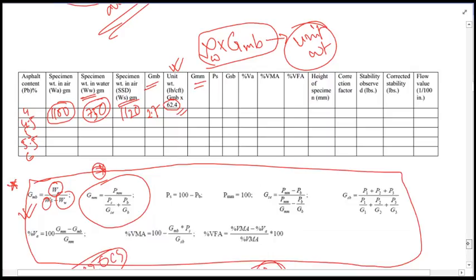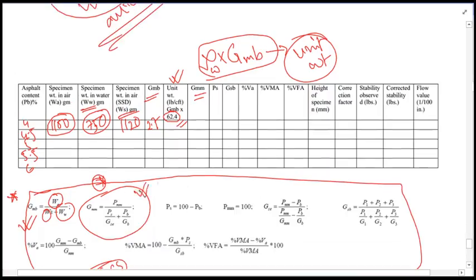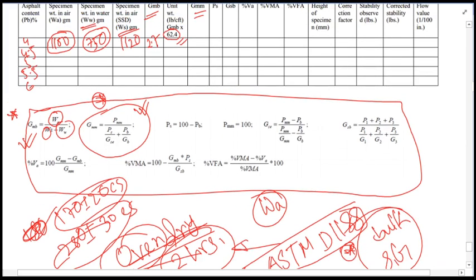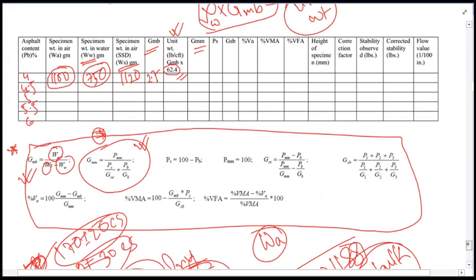In this case we can use this particular formula from which you can easily calculate GMM. If you know GMM, you can also calculate GSE as well. Vice versa, if you know GSE, then you can calculate GMM.